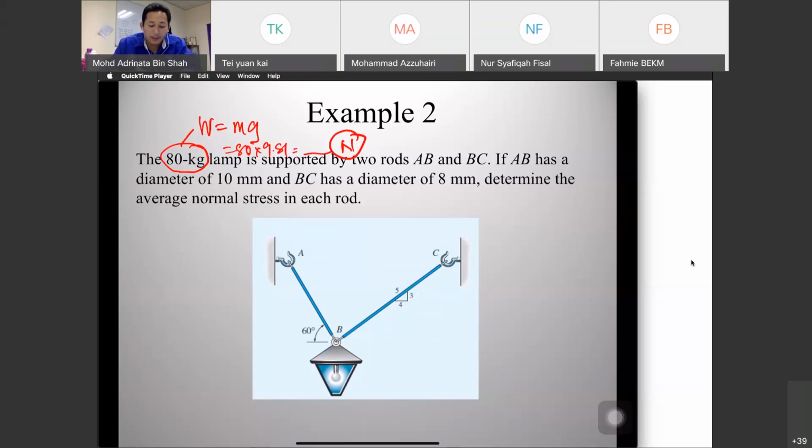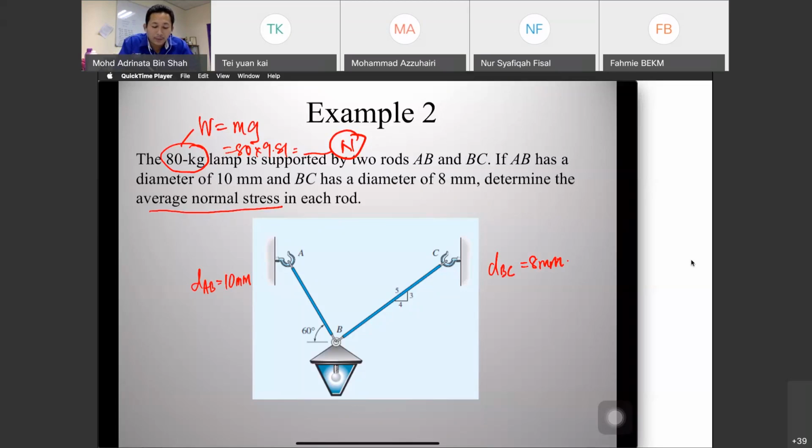If AB has a diameter of DAB equals to 10 mm, DBC is equals to 8 mm. Determine the average normal stress in each rod. Macam mana nak tahu normal stress?